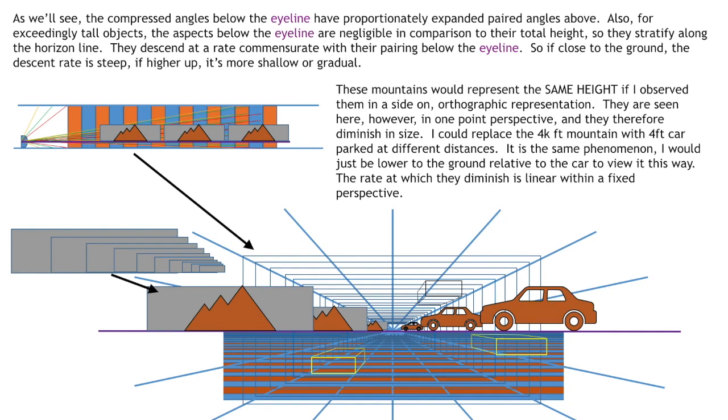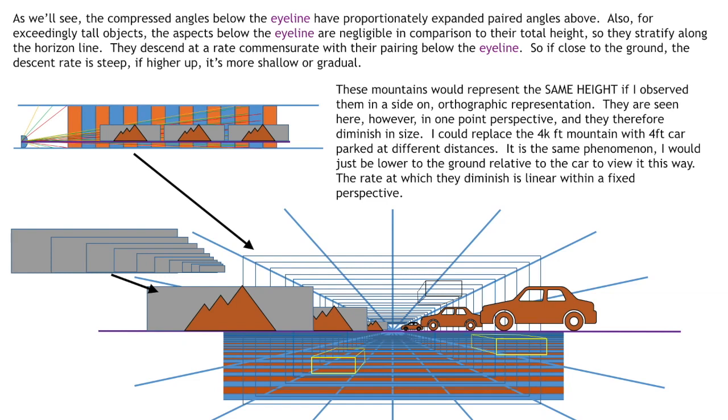Like if I was looking at an exceedingly tall mountain, way higher than 6 feet of the observer, let's say, you can essentially view it as being all above the eye line, all along the horizon line. So again, also objects descend at a rate commensurate with their pairing below the eye line.